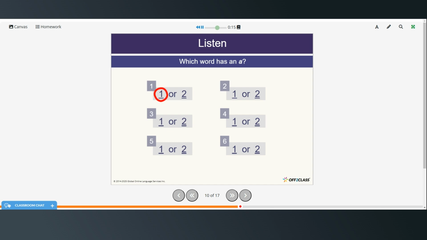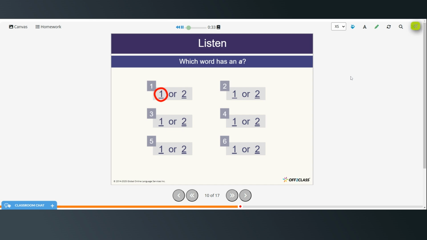Pack, peck. Ran, run. Hat, hot. Right, I'll play it again and mark the correct answers.